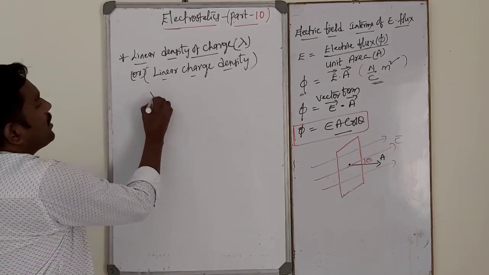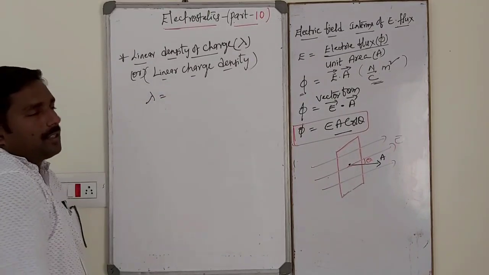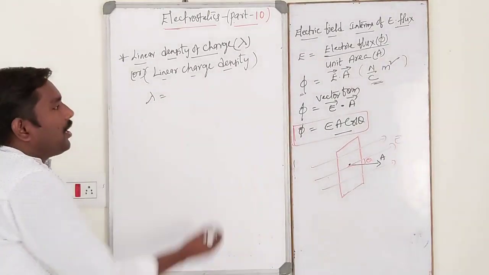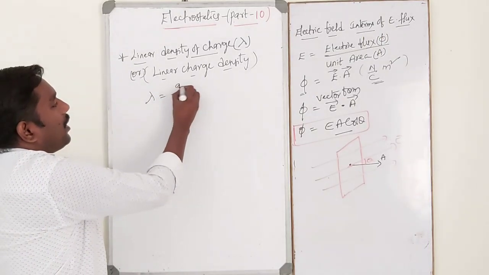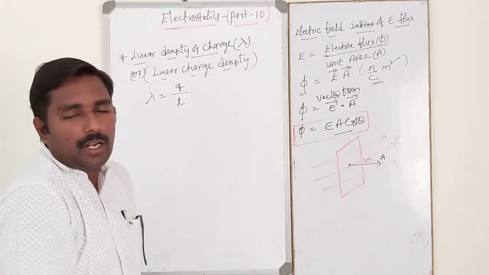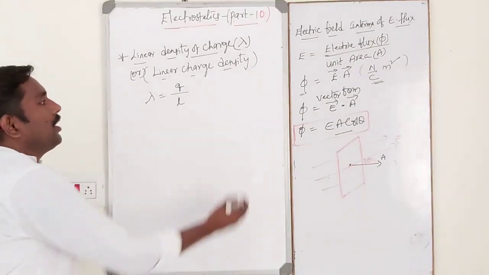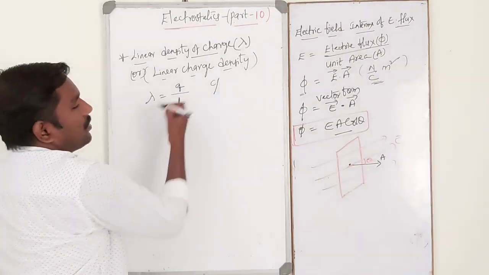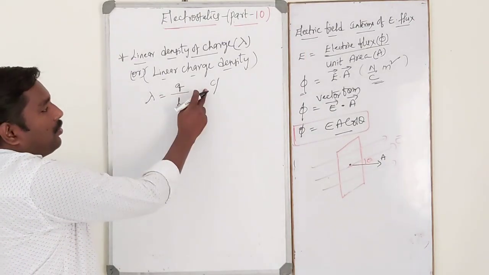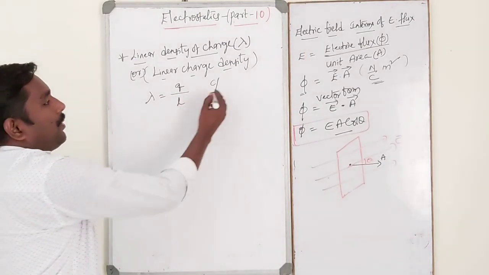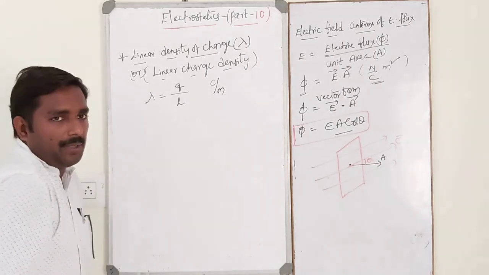Simply, linear charge density is defined as the ratio of charge per unit length. In the SI system, what is the SI unit of charge? Coulomb. What is the SI unit of length? Meter. So coulomb per meter.